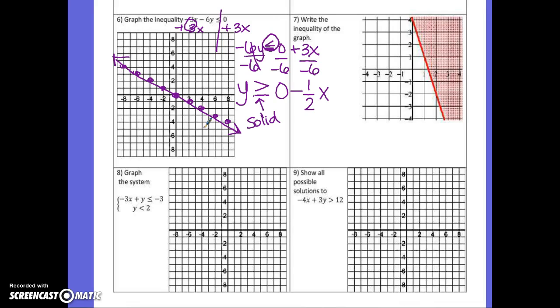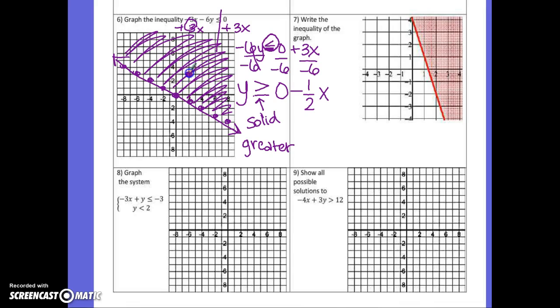And because the symbol is greater, we shade all the solutions. There's lots more than just what's on the line. It's everything greater, so it's everything above the line too. So all of those points in the shaded area and on the line are going to be solutions.